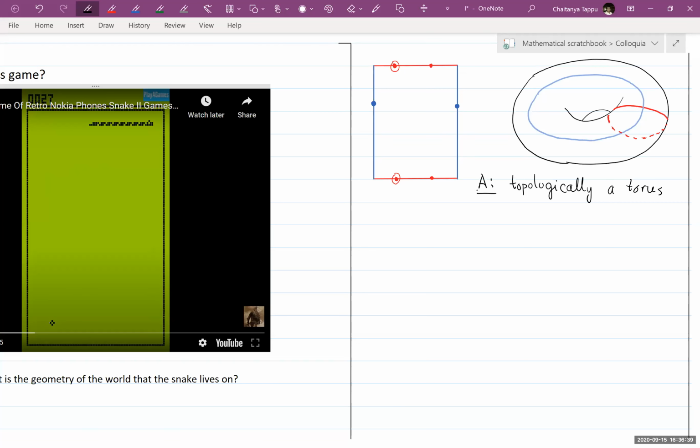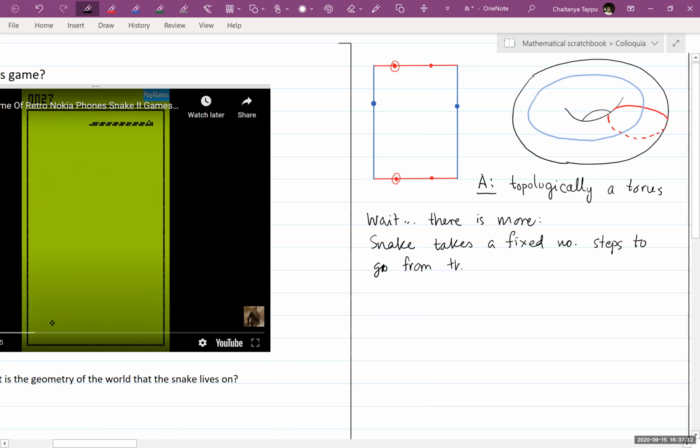Okay, here's one thing that you can have. There is more to it. For one thing, the snake takes a fixed number of steps to go from one end to the other.